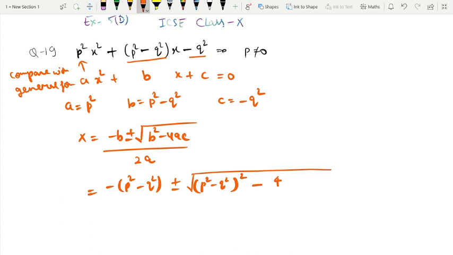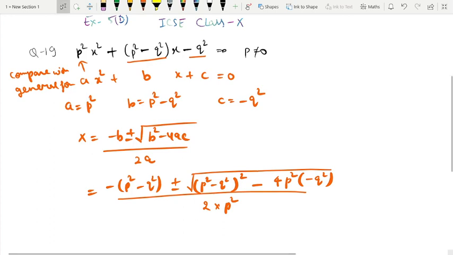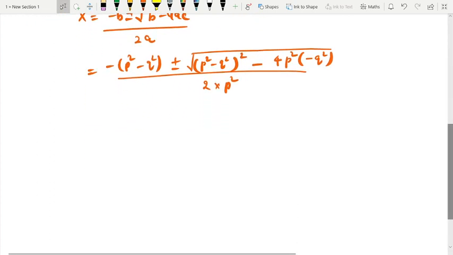So basically the value of a is p square and c is minus q square, divided by 2a. So the value of a is p square, so we can write it like this.